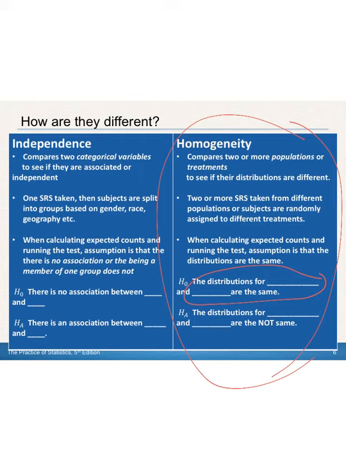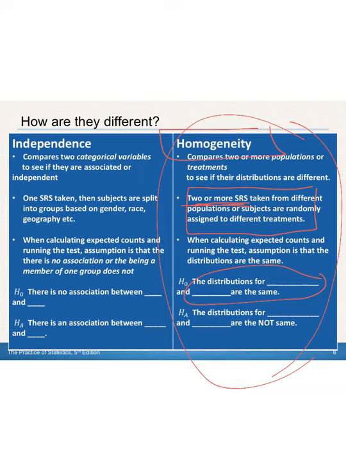And the key thing about homogeneity as opposed to independence is that two or more simple random samples are taken from different populations, or subjects are randomly assigned to different treatments. So if the situation starts out with two or more samples, then it's homogeneity. We're looking to see if those two or more samples or two or more treatments are the same.